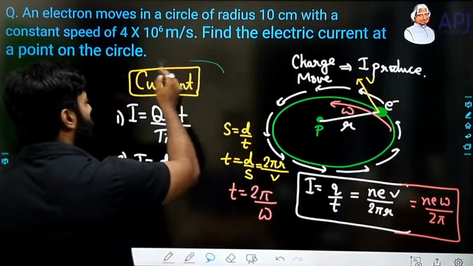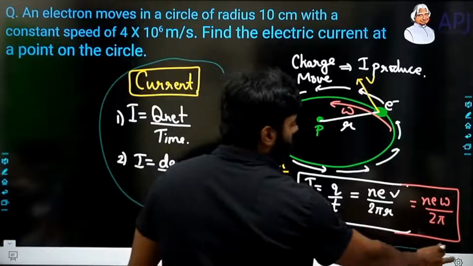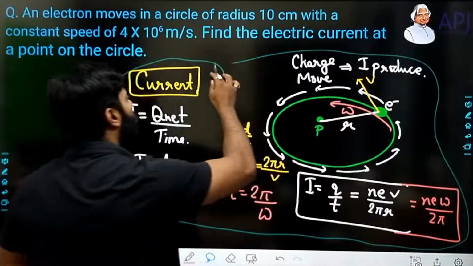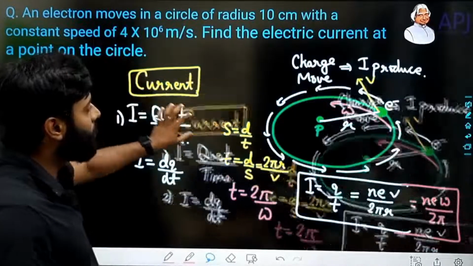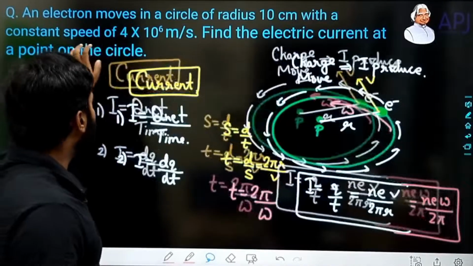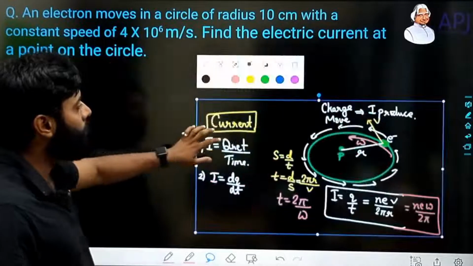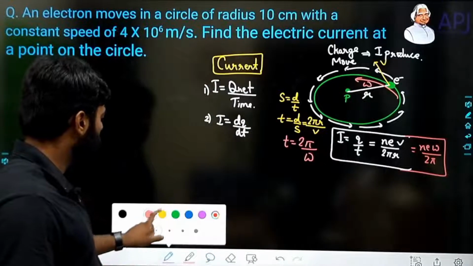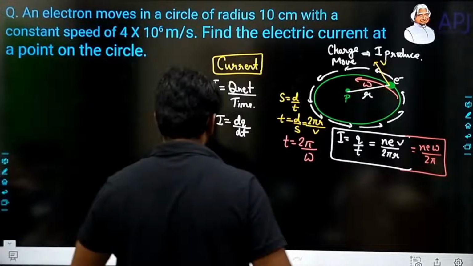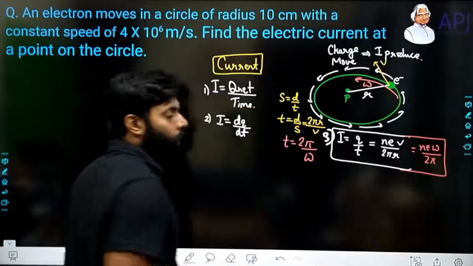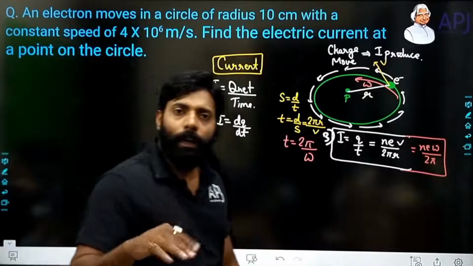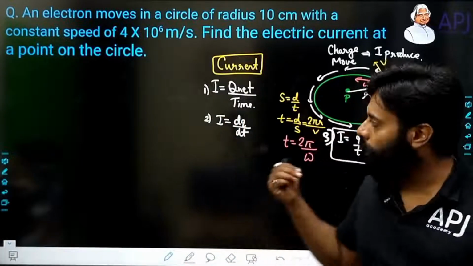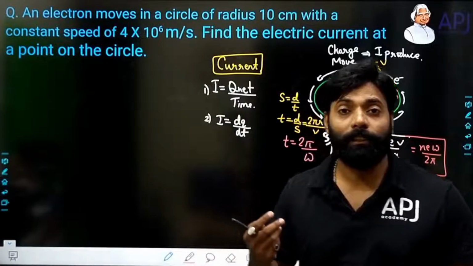This is the concept. So this is the third formula, and the last formula which we must know about current. Only these things are required. Only by using these three formulas we can solve the questions related to JEE Advanced.